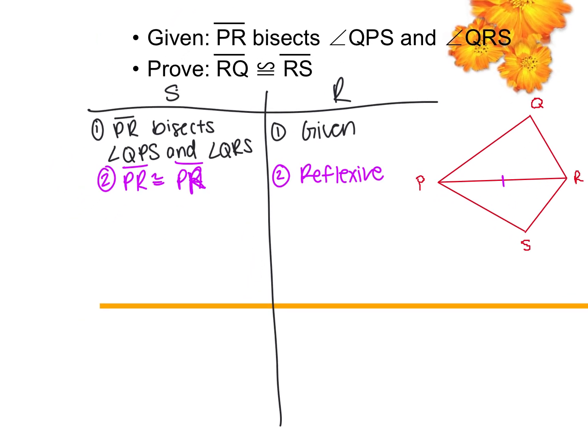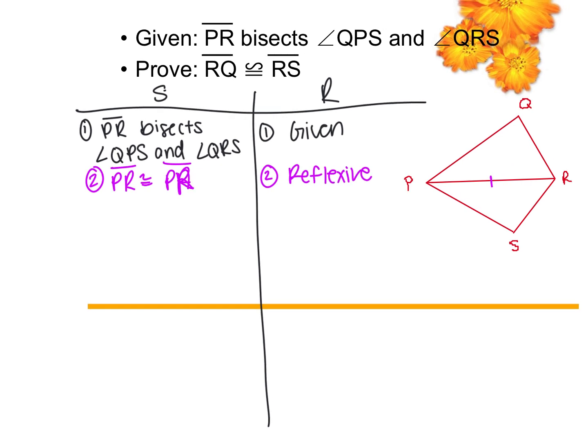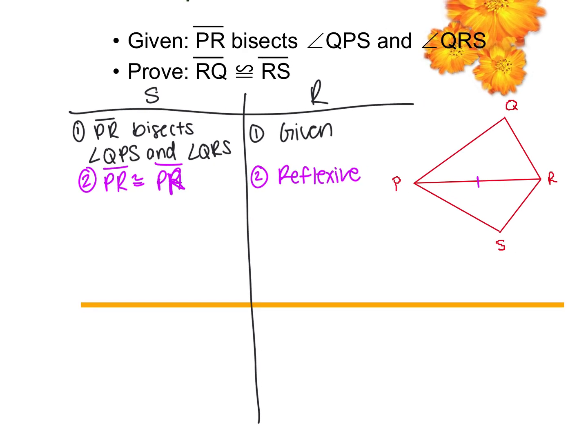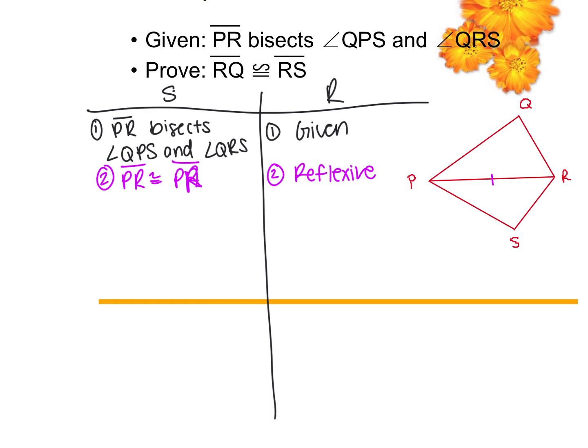All right, the next one. Because they're giving me bisects, I know I'm going to have something in there that's definition of bisector. So, because I labeled my center, let me actually change that color. So, because I labeled my center, I need to find something else.